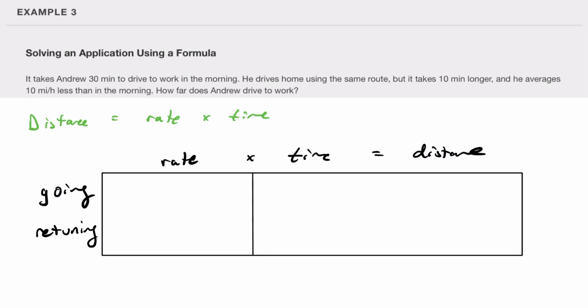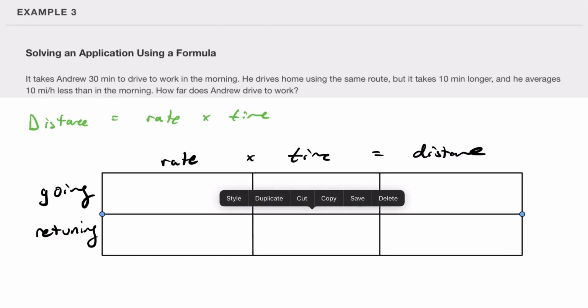Like, stay snapped. You know, that's what I need. But anyway, copy and paste. Let's see. Yeah, that looks good.